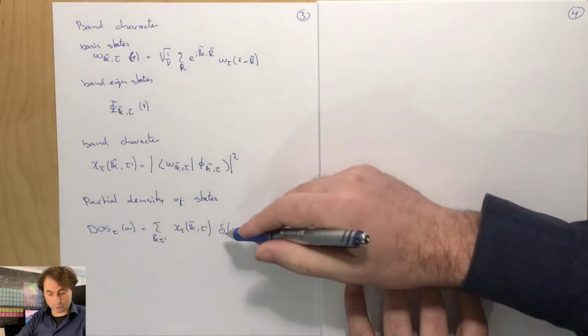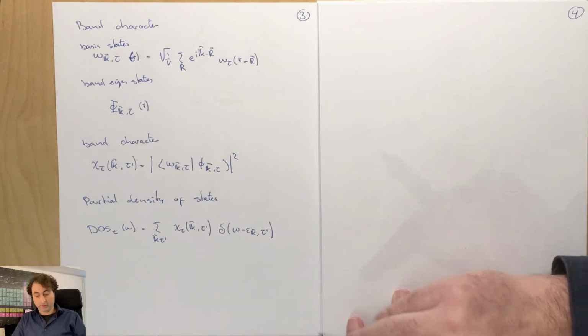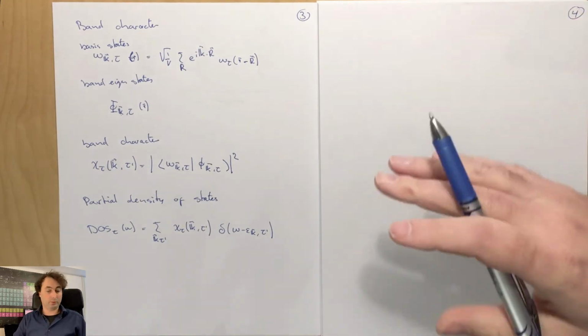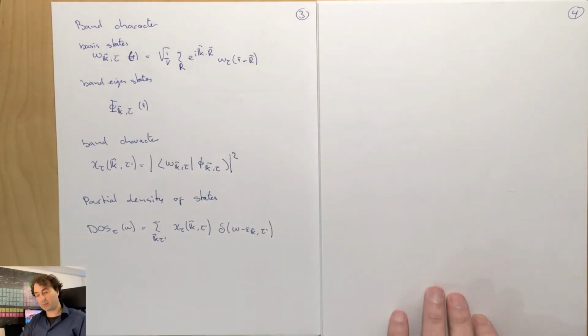And this we then can use to determine, for example, what the conductivity would be in the previous example. But for many more experiments, it is important to know what the character is.